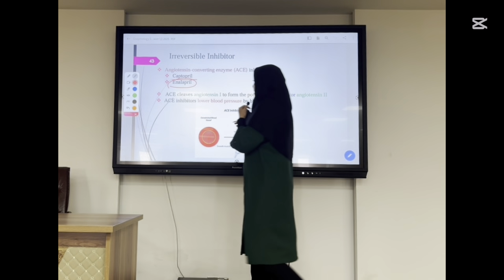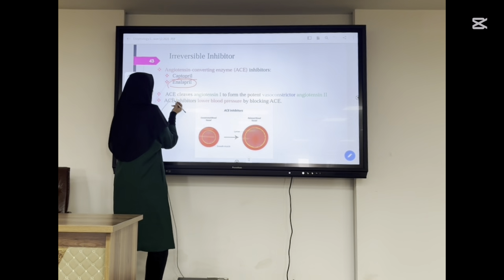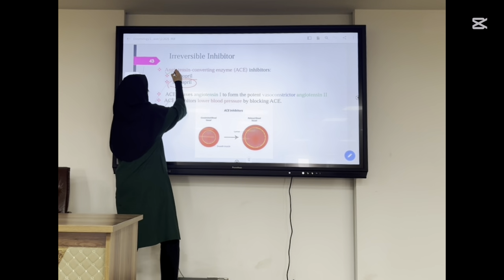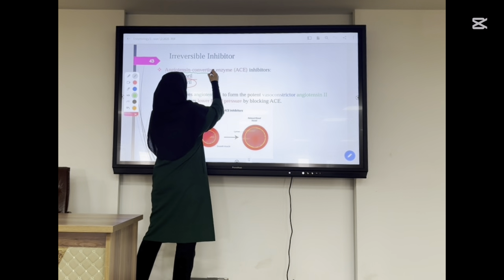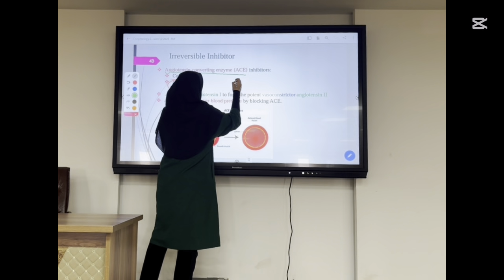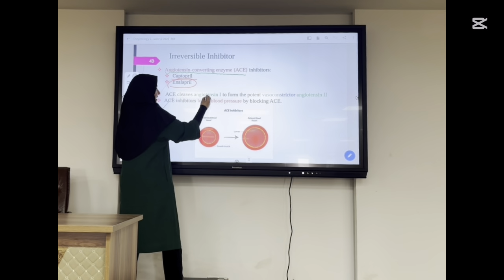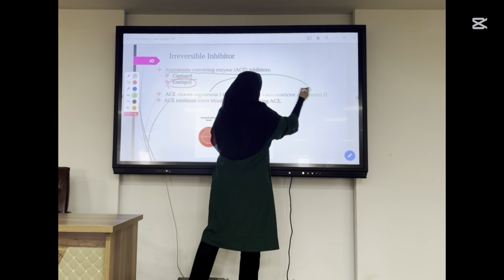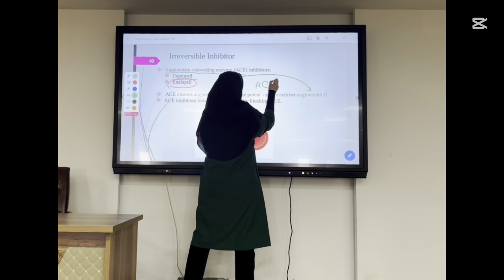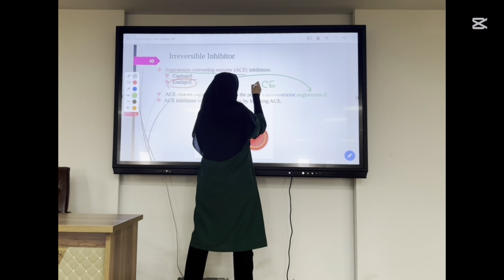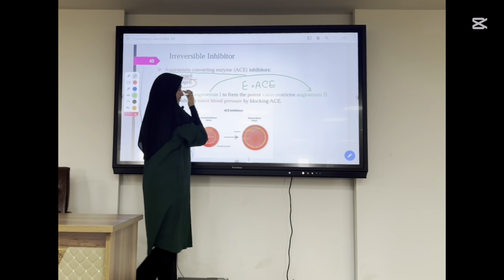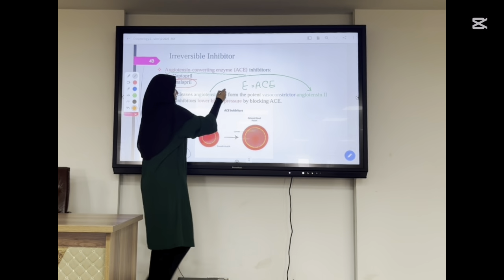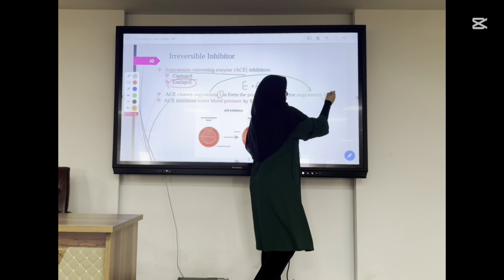What is the function? We have one important enzyme. You should memorize the name of this enzyme: angiotensin converting enzyme, and the abbreviation. This enzyme converts angiotensin type 1 to type 2.